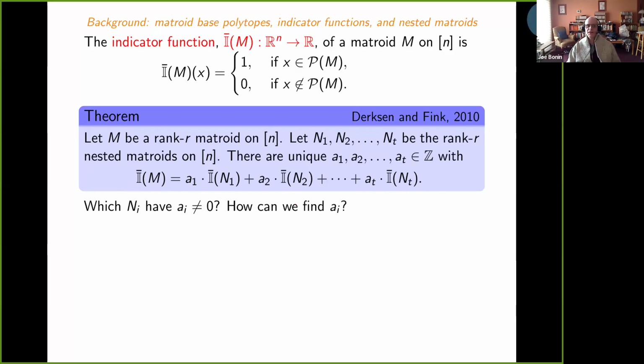That raises 2 questions. Which of these coefficients are non-zero? And how can you actually find those integer coefficients?